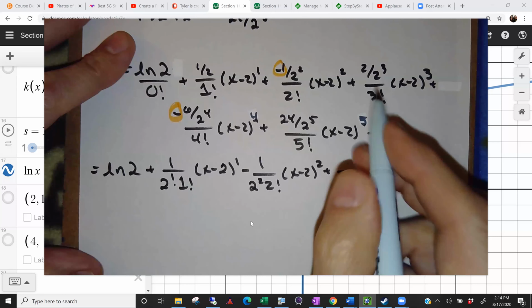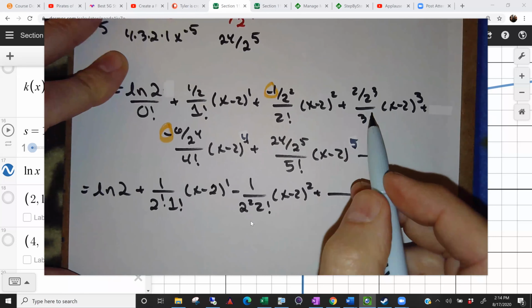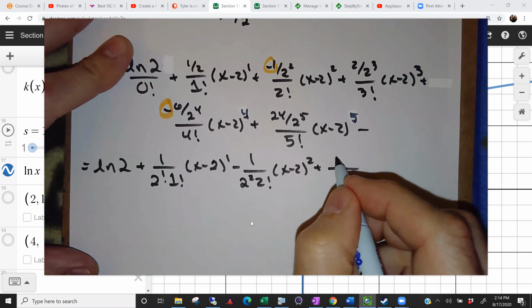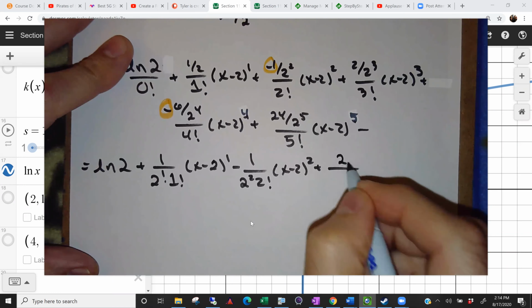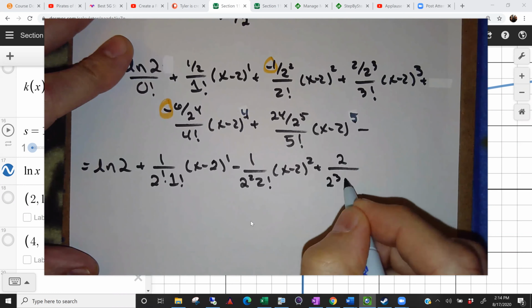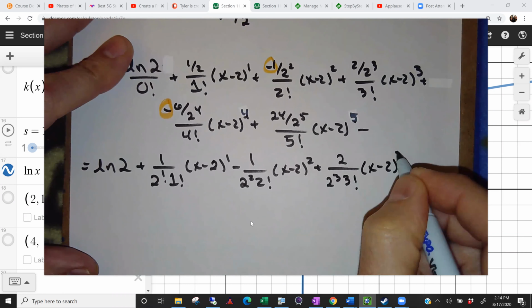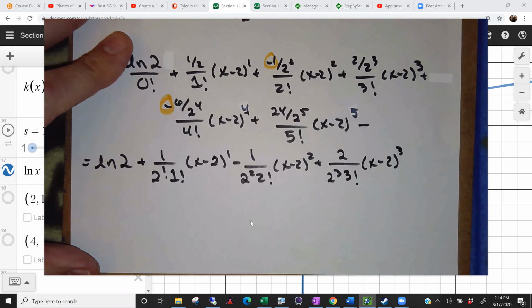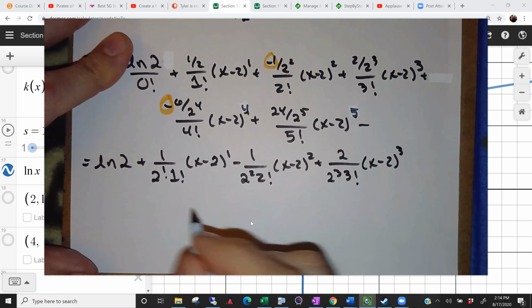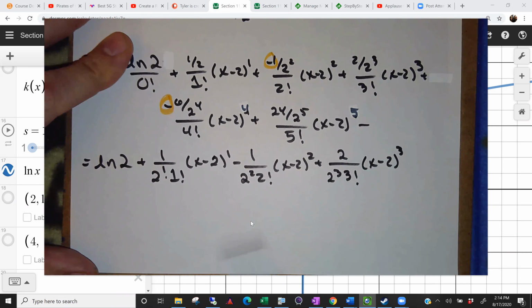plus that 2 in the numerator I'm going to let stay. So it's going to be 2 over 2 cubed 3 factorial x minus 2 cubed. And I'll let some of these hang around because they're going to give me some cancellation that I'm going to want to see. 2 more terms.